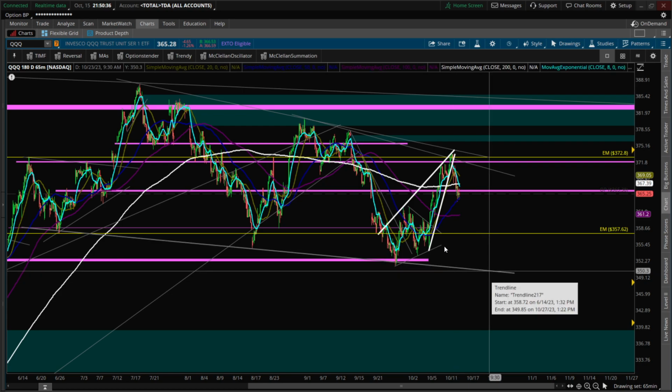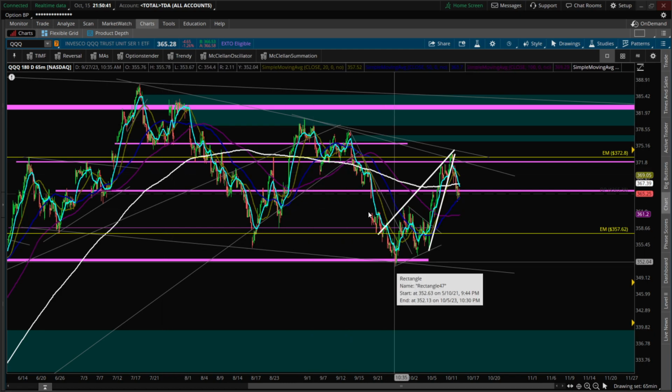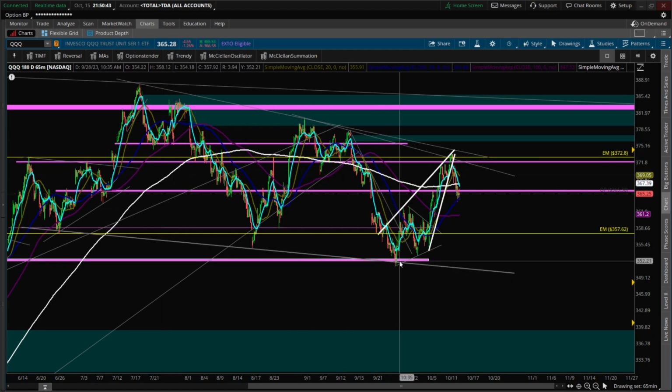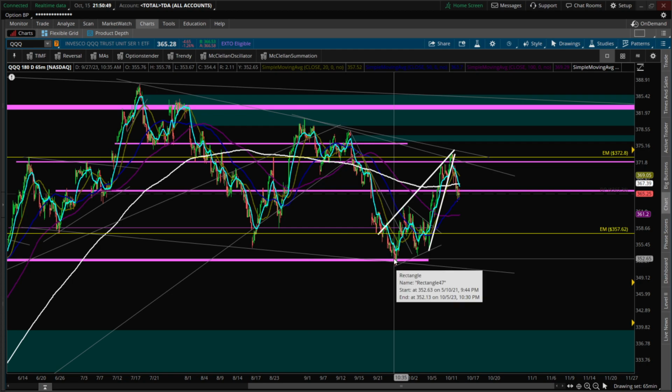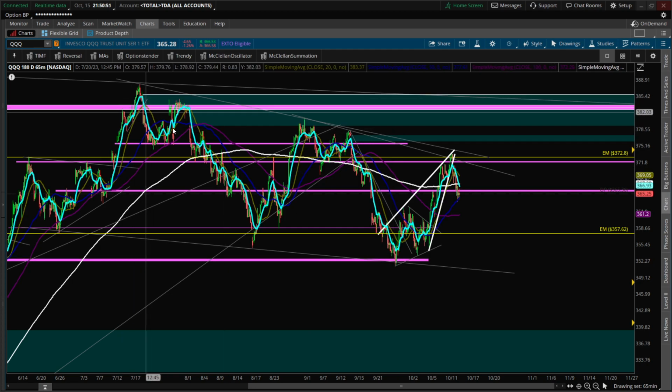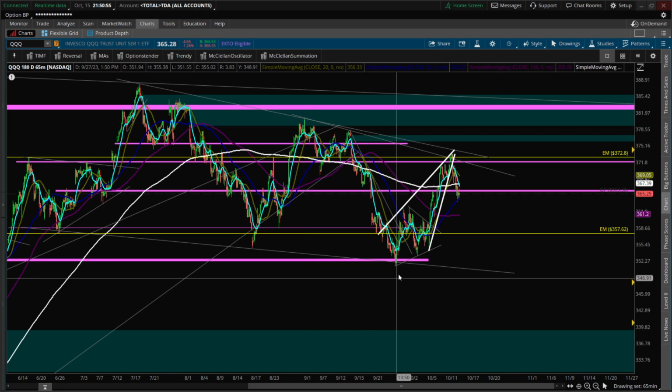Our alternative is that this is a 3-wave move. We got our correction. Somehow you get a 5-wave move in here. An A, B, C. I know there's other people that do WXYs and stuff like that. So a zigzag, a 3-wave move, and a zigzag, whatever.